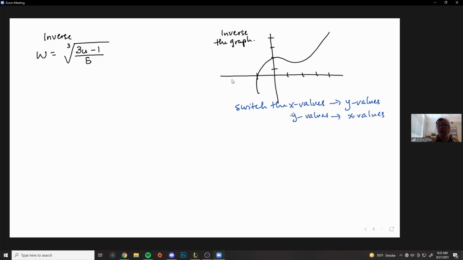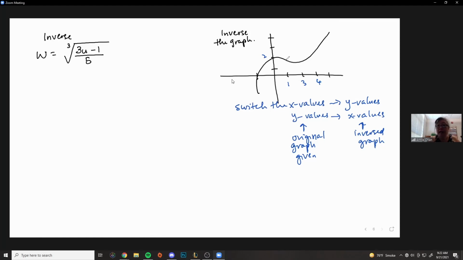These X and Y values are from the original graph given. Once you switch, this is going to be the inversed graph, right? So if this is 1, 2, 3, or 1.5, and 4 and 2, what you do is you just switch them.